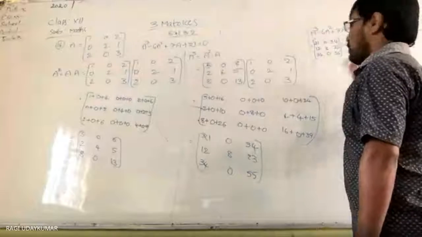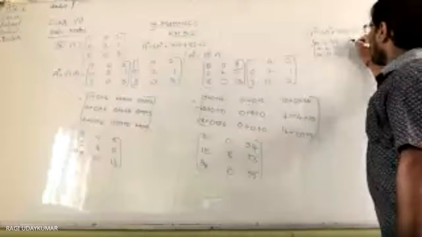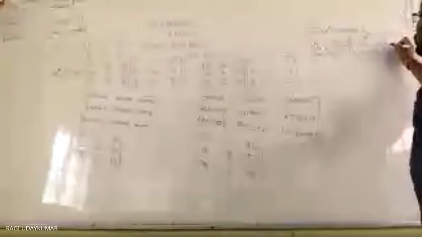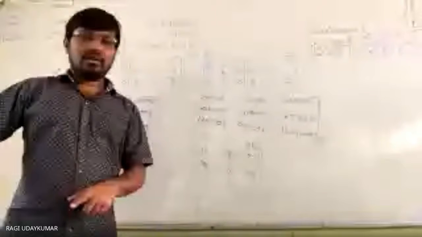Minus 6 into A squared, which is 0 8 2, 4 5 8, 0 13. Then 6A squared plus 7 into A, whatever is given to you, you have to write: 1 0 2, 0 2 1, 2 0 3. Next 2I, the number 2 after that. Here we take I as the identity matrix: 1 0 0, 0 1 0, 0 0 1. I think it is not visible to you; is that corner visible to you?